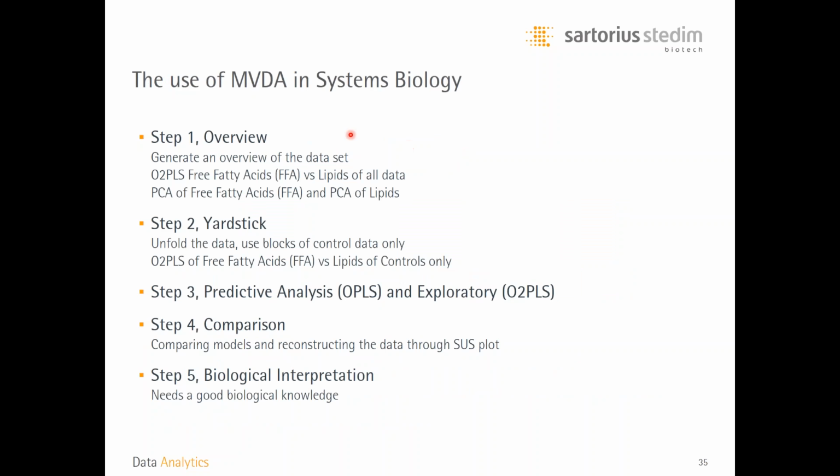They have an overview step, a yardstick step, a predictive analysis and exploratory step, a model comparison step, and then finally a biological interpretation step. And this workflow is based on combinatorial usages of both PCA and OPLS and PLS and OPLS discriminant analysis in different combinations.